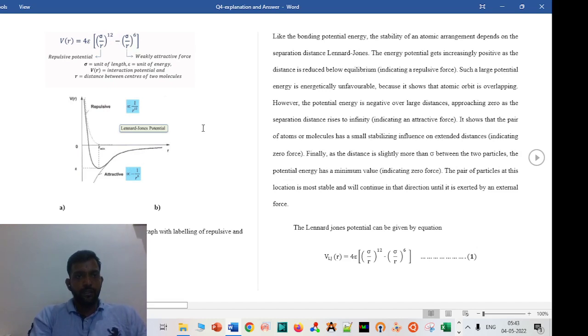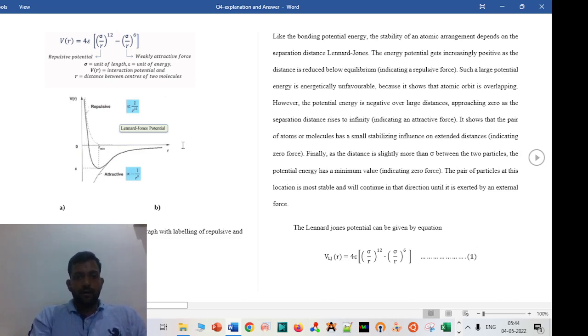This is a repulsive term. As I already mentioned, it is proportional to 1 over r to the power 12, and it will be on the upper side, above 0. The attractive term will be on the below side. So this is the equilibrium distance, the depth is epsilon, and this is 0.